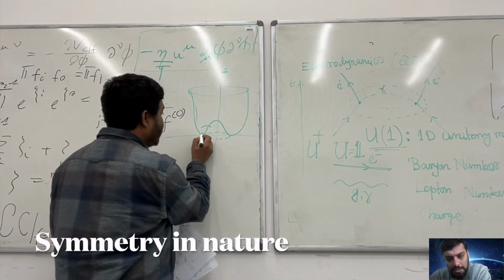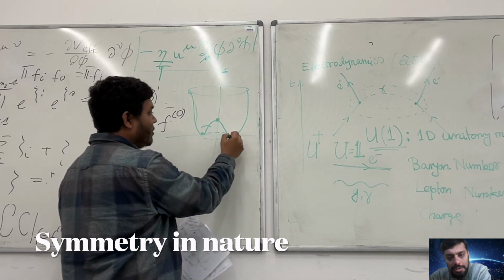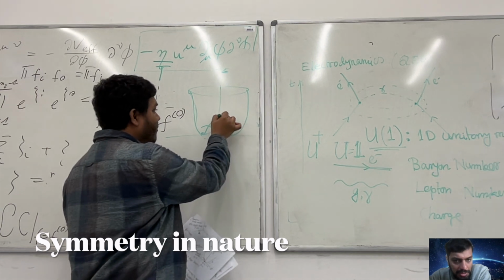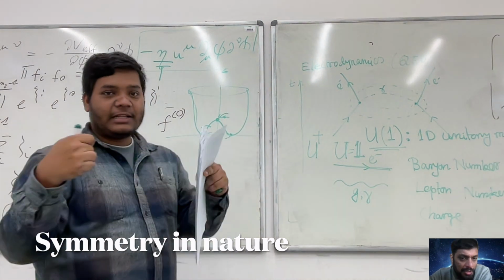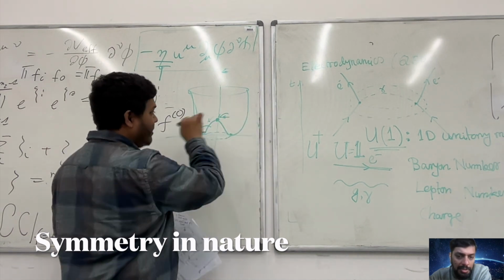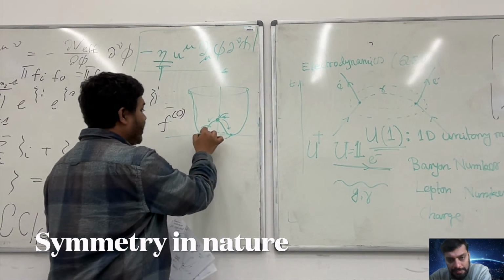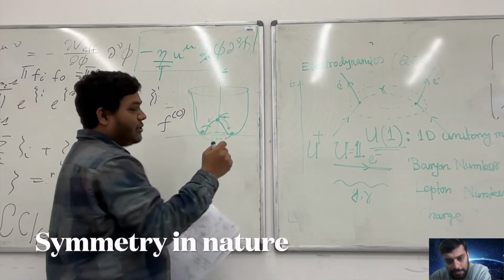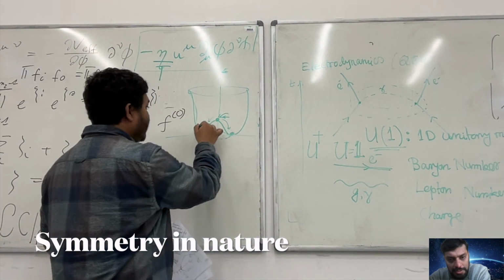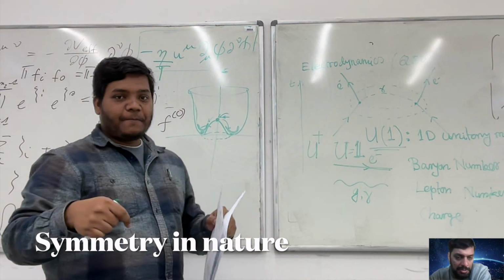There is one stable position here, and one here. If you put a ball here and give it a little bit of perturbation, the ball will move in this direction if the force is from this side. If it's from this side, it will come here, and then the ball will start to oscillate about this point, because these two are also equilibrium points. It will oscillate like this, and at some point it will come to rest.